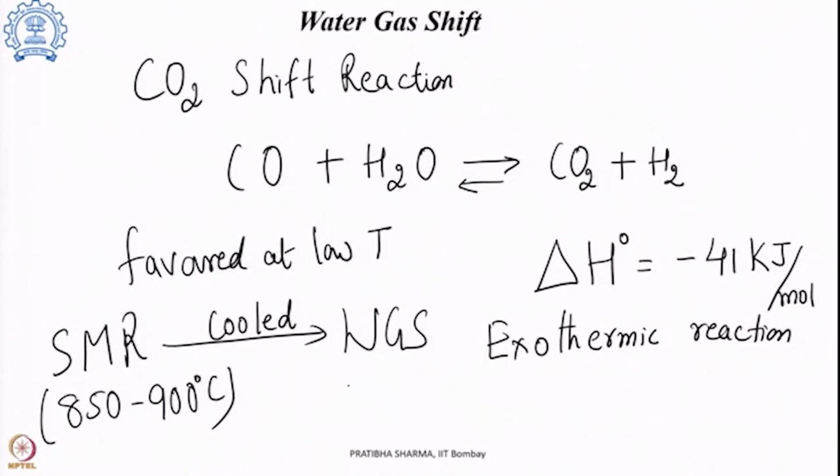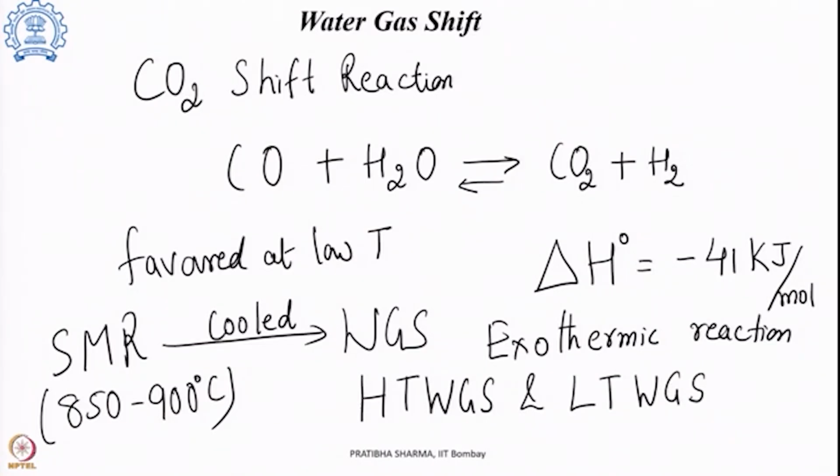That depends on whether this water gas shift reaction is being carried out in one unit, with high temperature water gas shift alone, or whether both high temperature and low temperature water gas shift reactions are to be carried out. What will decide whether it is only one step or two steps after the reformation is determined by the purification step.